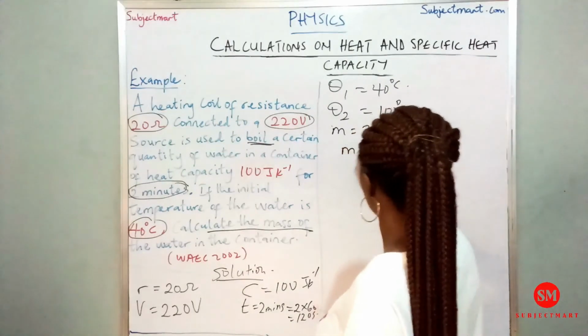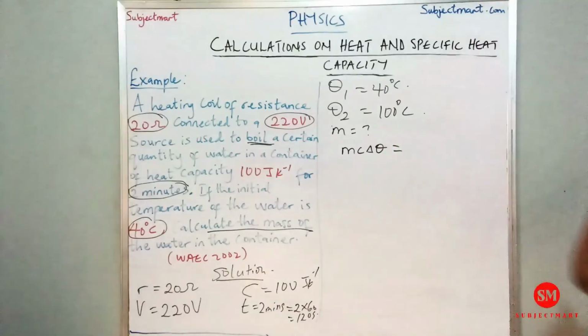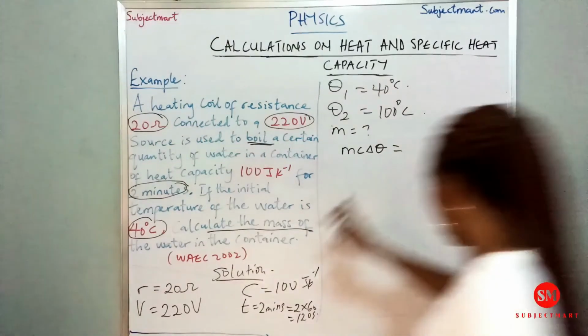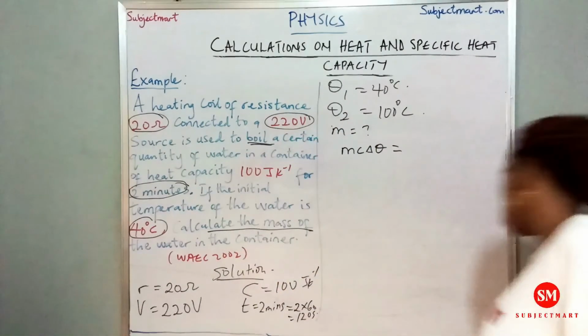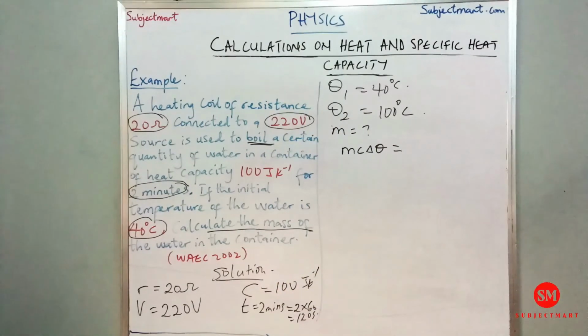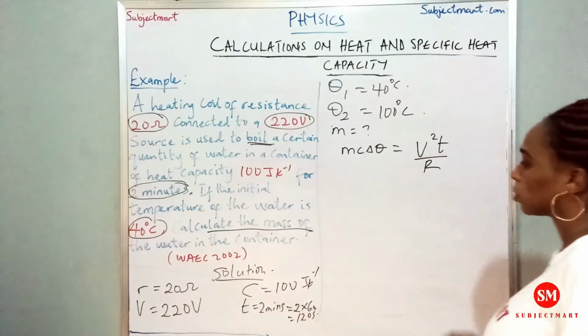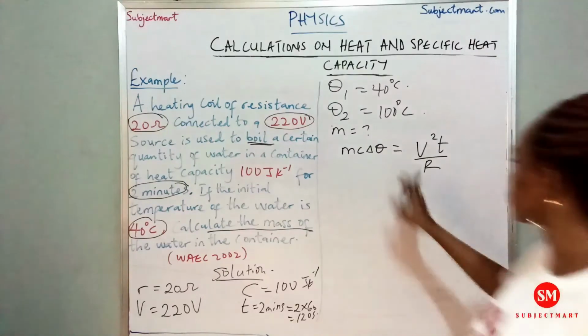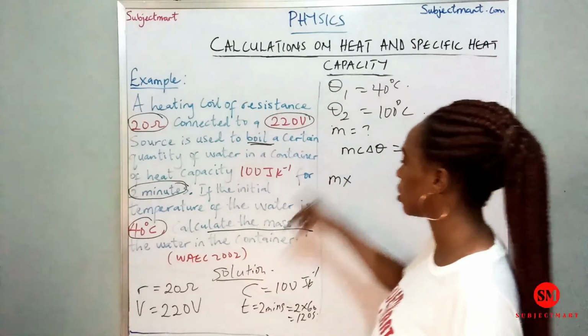So we are going to use one of the formulas I wrote out here. MC change in theta. Since we have our R, we have V, we have T, the formula connecting the three is V squared T over R. So my M times C, specific heat capacity.